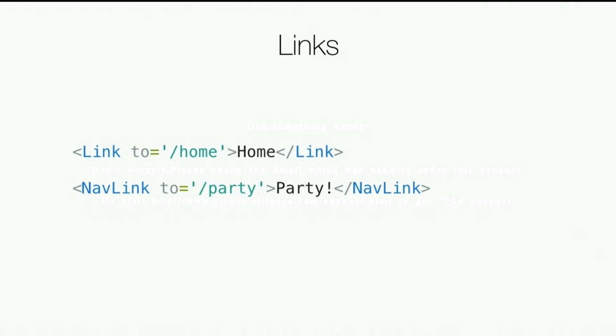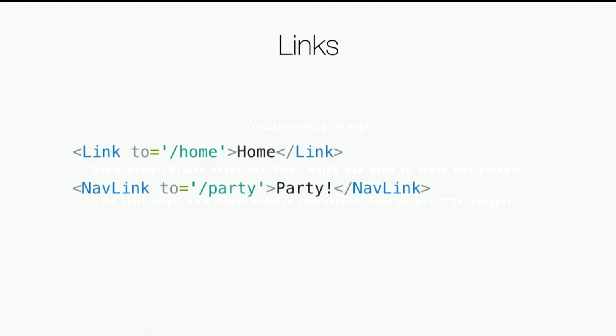The difference between links and nav links is that nav links also keep track of when they are the active path. So if I clicked on that nav link on the bottom, that would change my URL to /party. And then on that link that was rendered, it would know now that the URL matches that nav link path, and it would put a class of active on that rendered link.